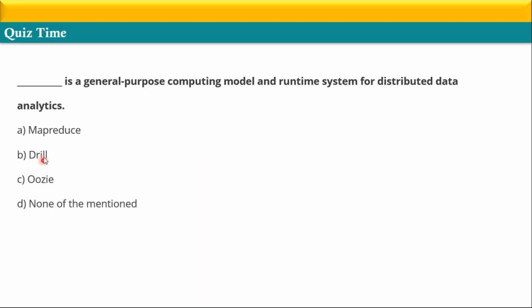It is something like Hive. Hive is able to do data analytics, and with its help we will be able to query the data stored inside HDFS. The same thing you can do with drill, but that is not a processing framework. That is nothing but MapReduce. So MapReduce is the correct one, huh?